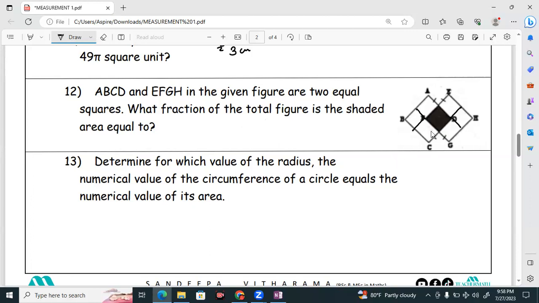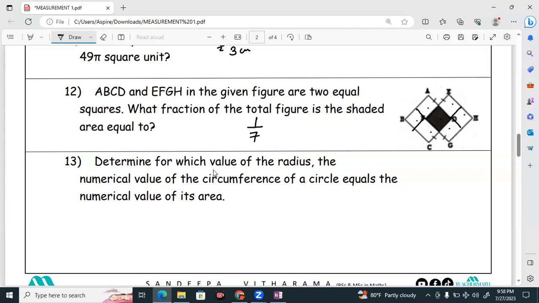This 1, 2, 3, 4, 5, 6, 7 equal parts are there. Out of 7 equal parts, 1 part is shaded. Therefore, the shaded portion is 1 out of 7.